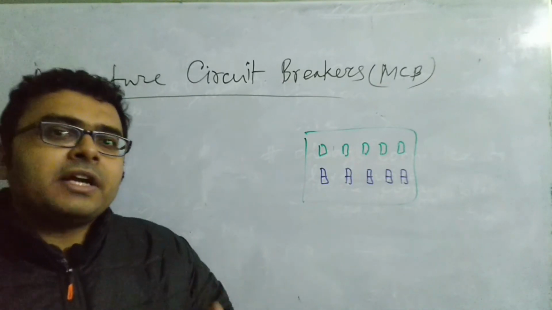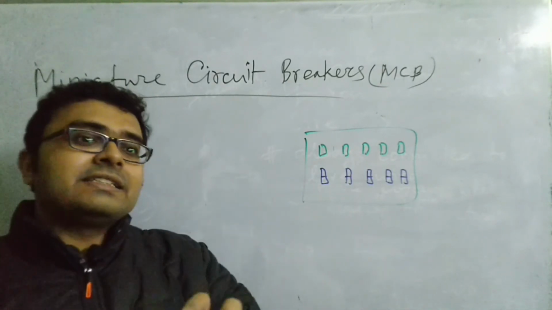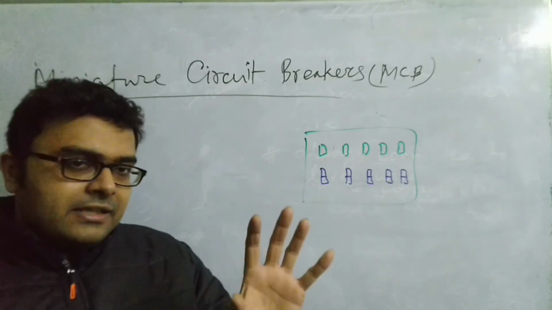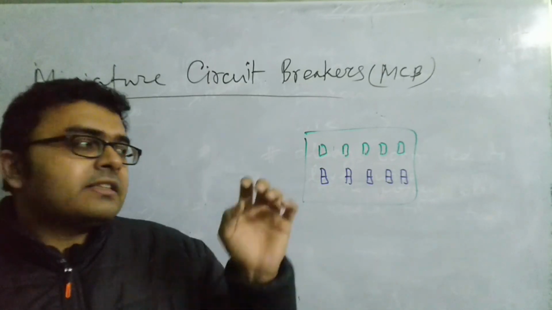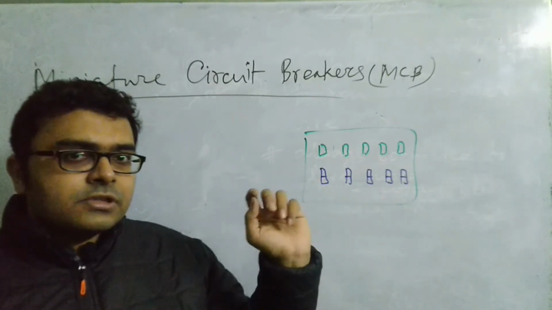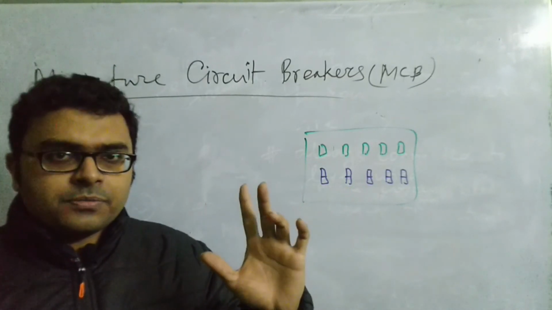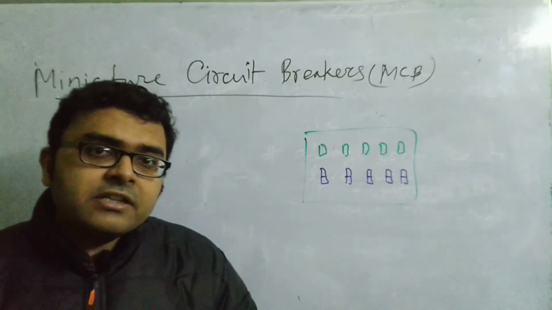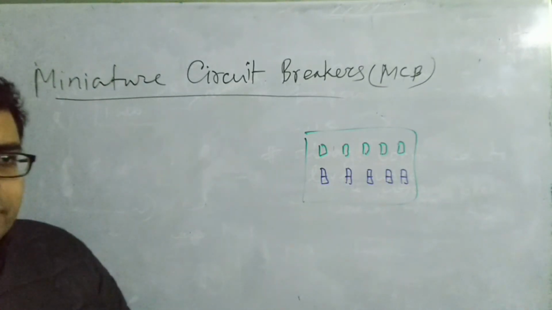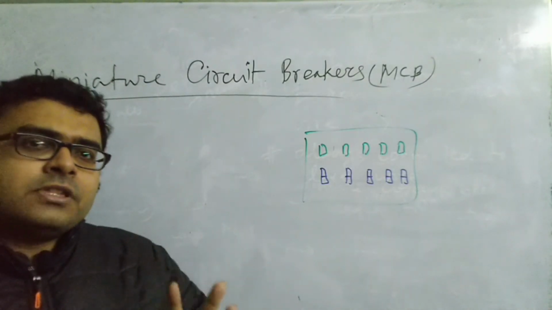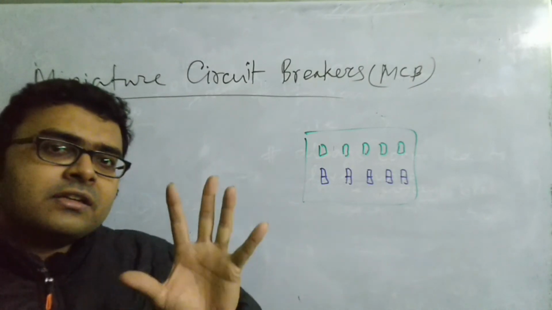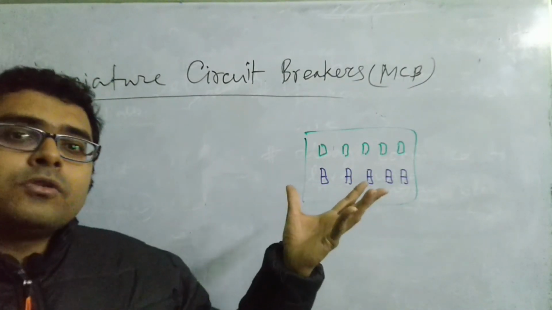If you have not been able to identify the fault or where the problem is in the circuit, and if the problem still exists, then if you switch it on, it will instantly switch off again. Okay, so this is a very accurate device, and it takes very little time to operate. So it actually protects your device to a very good extent.